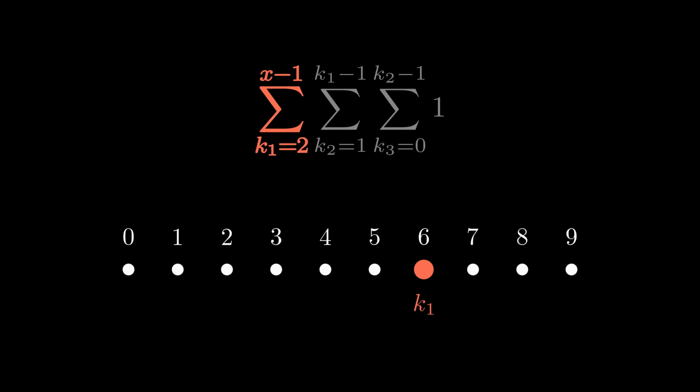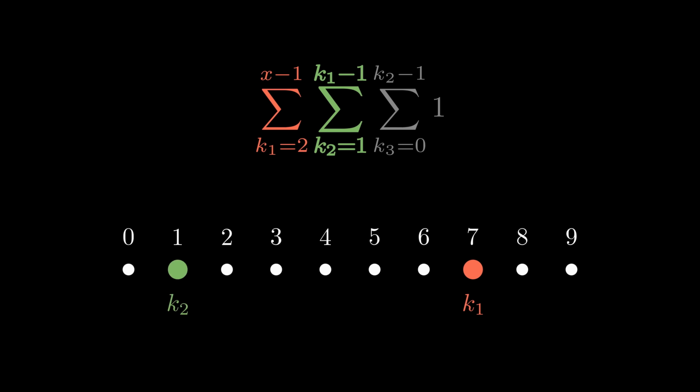Simple enough. Now, for each value of k1, k2 starts at 1, and it repeatedly increases by 1. Since its upper bound is k1 minus 1, its last step is directly to the left of k1. After that, k1 increments, and the second sum starts over, so k2 resets to 1 and starts going again.